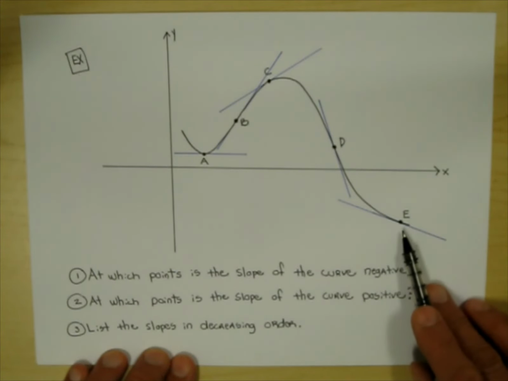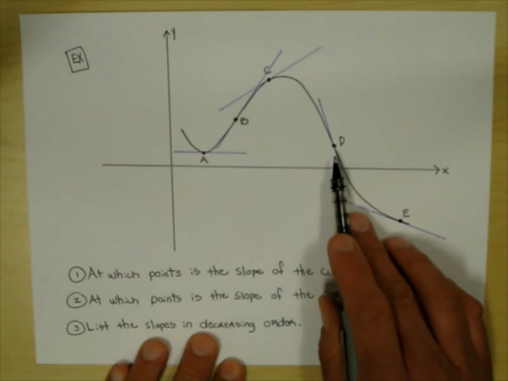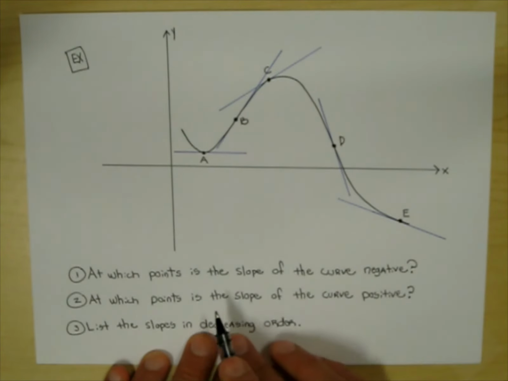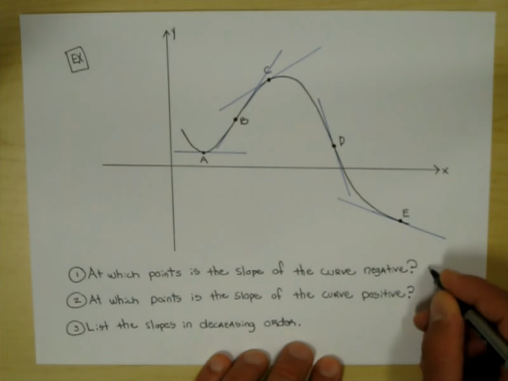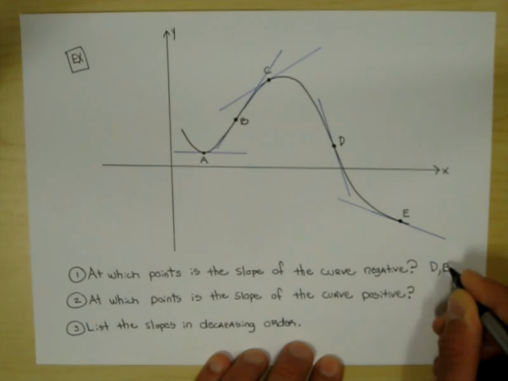So point E has a negative slope. What other points have lines that are going down when you read them from left to right? Well, that would be point D. So at which points is the slope of the curve negative? We'd say D and E.